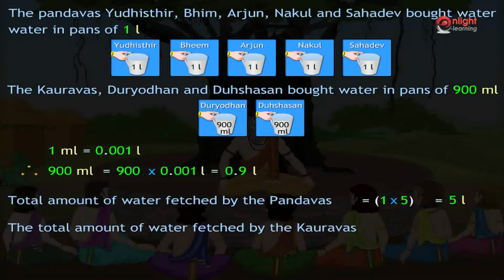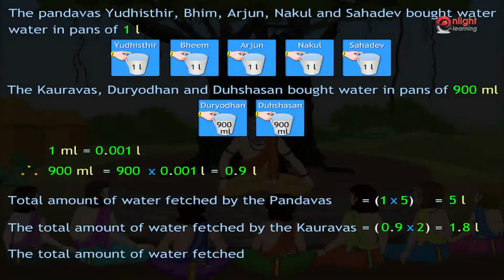The total amount of water fetched by the Kauravas equals 0.9 liter multiplied by 2, which equals 1.8 liters. Hence, the total amount of water fetched equals 5 liters plus 1.8 liters, which equals 6.8 liters.